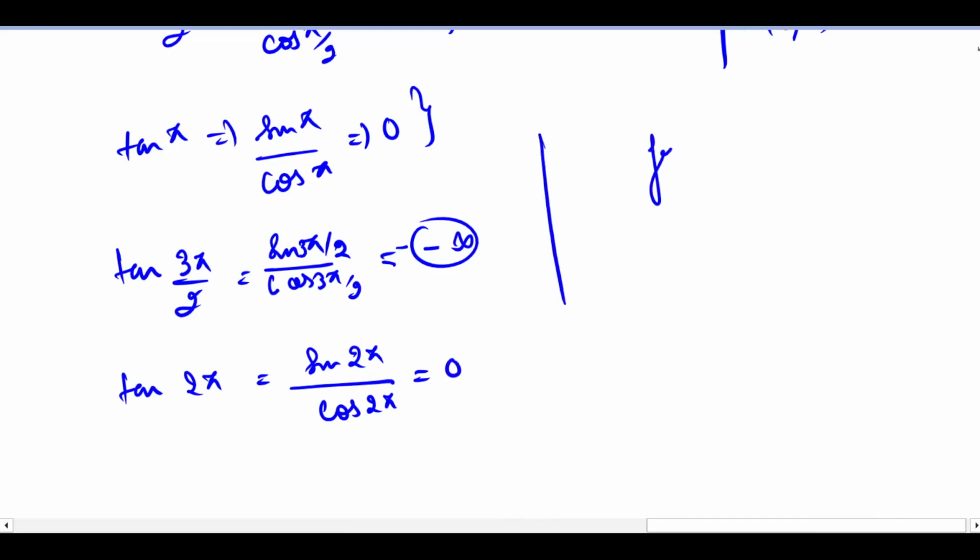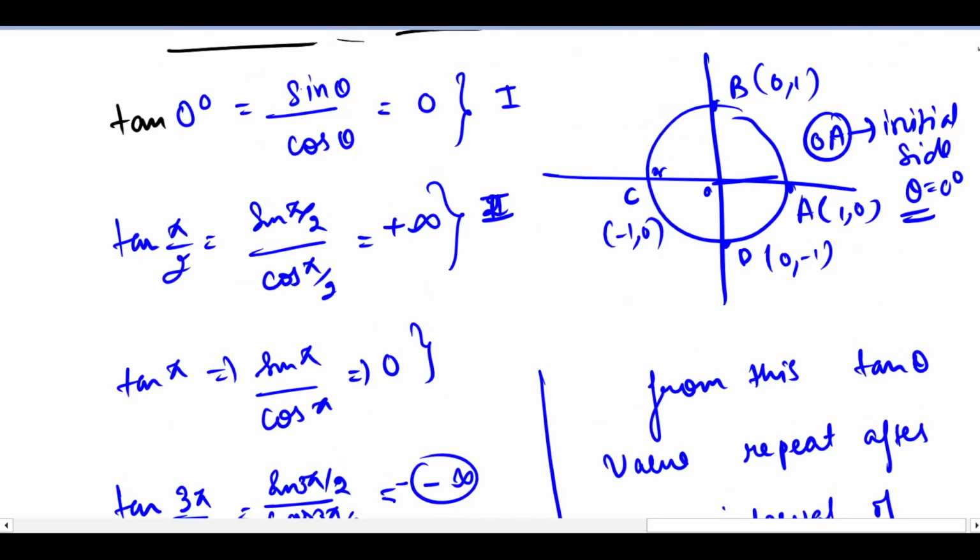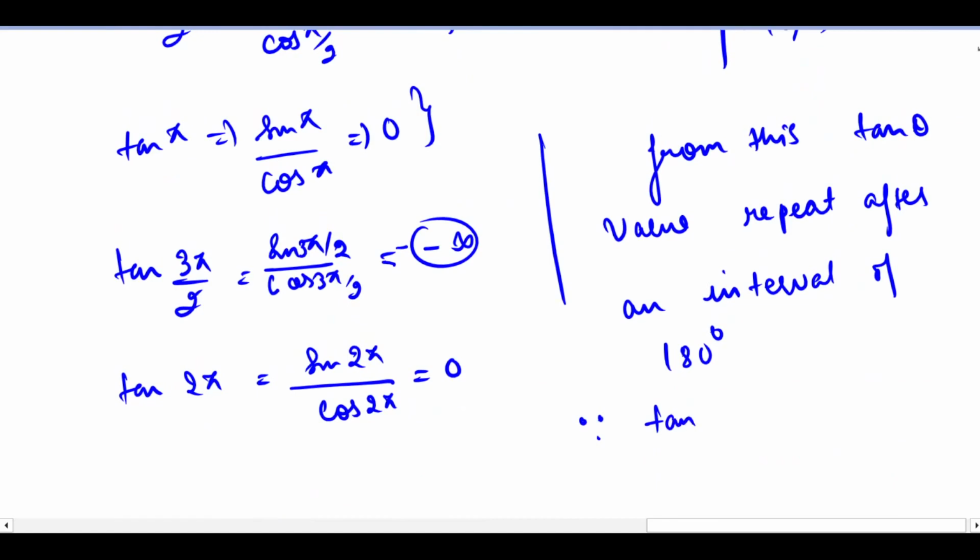So from this, the tan theta value repeats after an interval of 180 degrees, because tan 0 is 0 and tan pi is 0. Also tan pi by 2 is infinity and tan 3 pi by 2 is infinity.